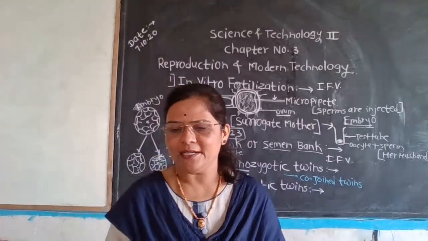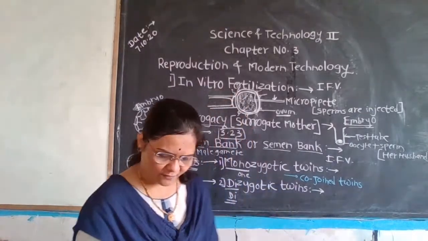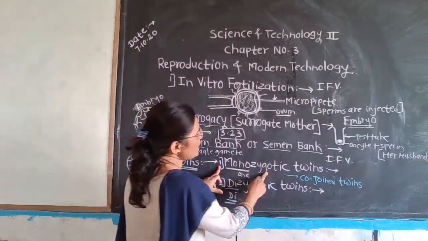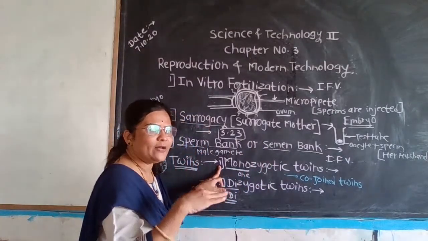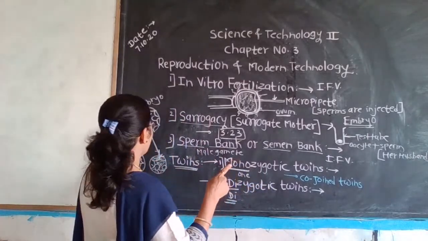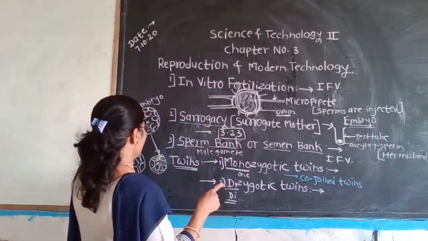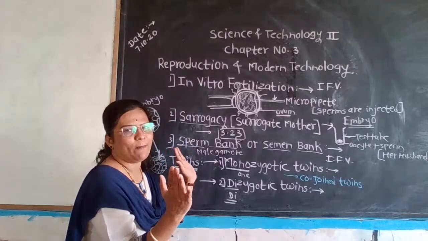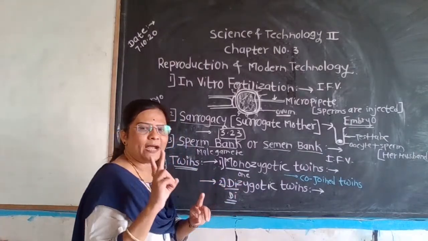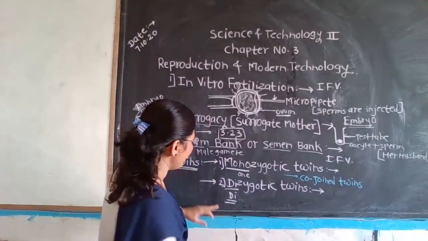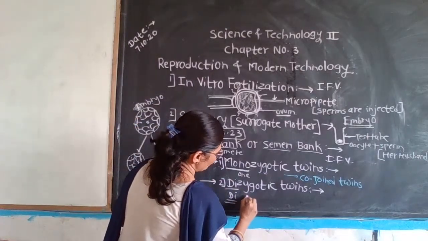Then dizygotic: two oocytes are released. In monozygotic twins, only one oocyte is there, and after fertilization the embryo divides into two equal parts. But in dizygotic twins, two separate oocytes are there. Di means two.